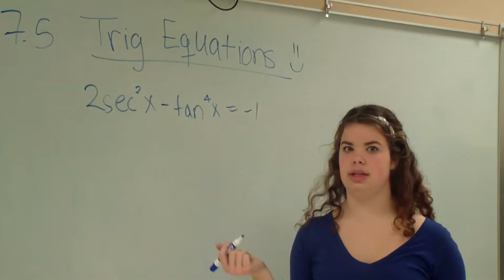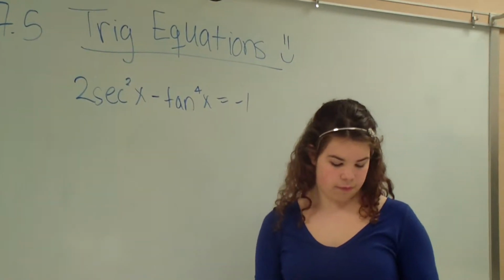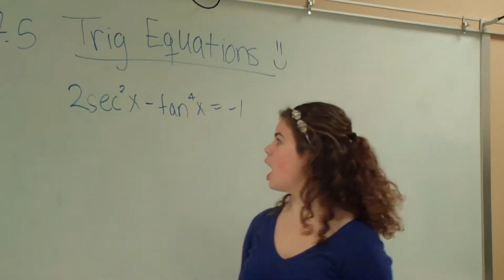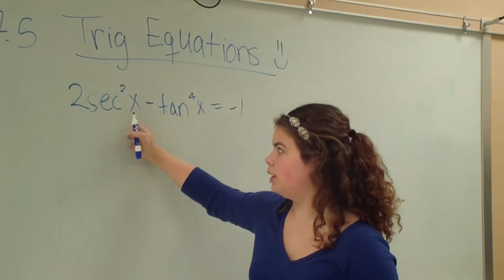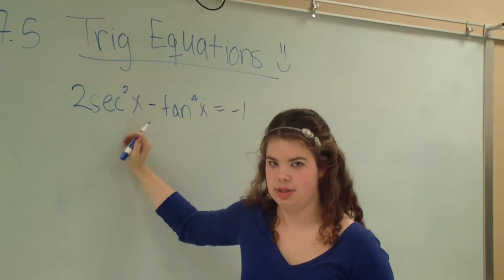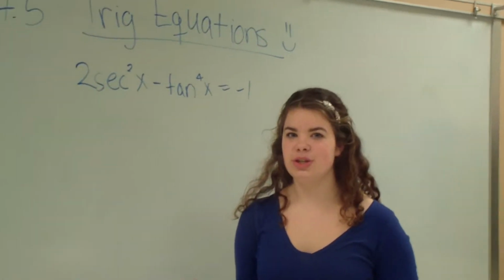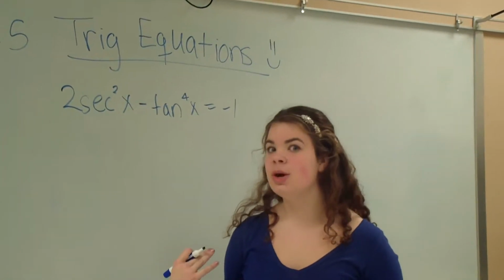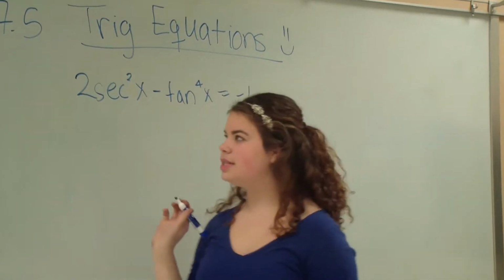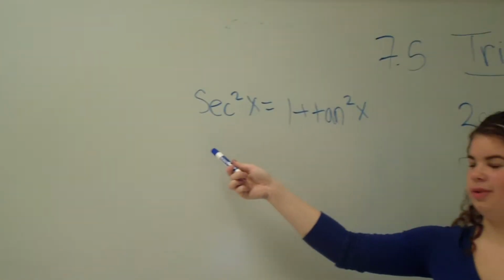So how do we get that to equal 0? Well, first we're going to have to look at this part. Now secant squared is looking a little suspicious. No one wants to use secant squared in an equation because no one knows what it means. But we happen to have an identity for secant squared right over here.